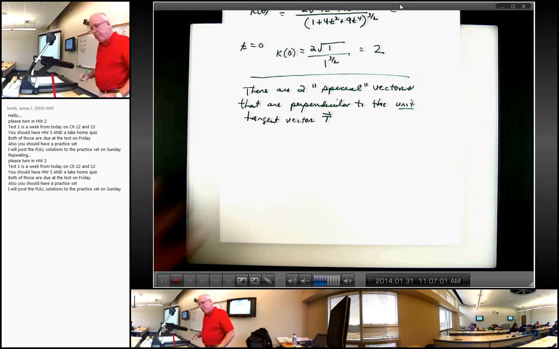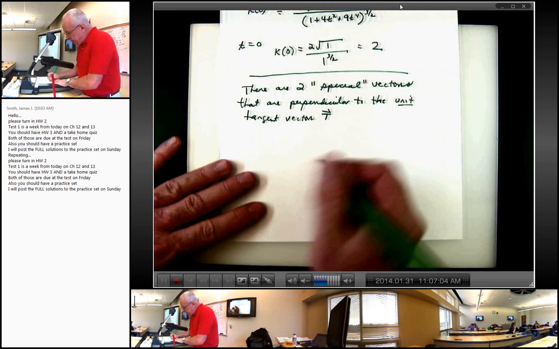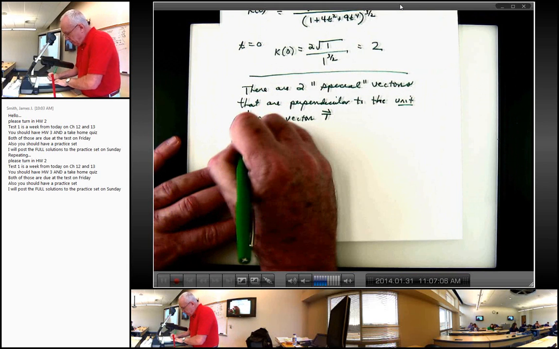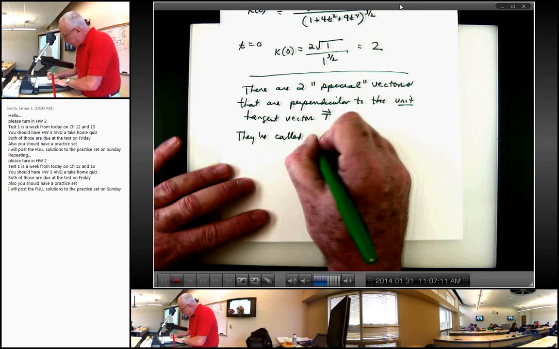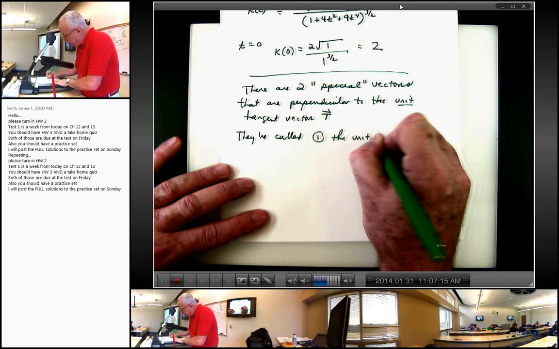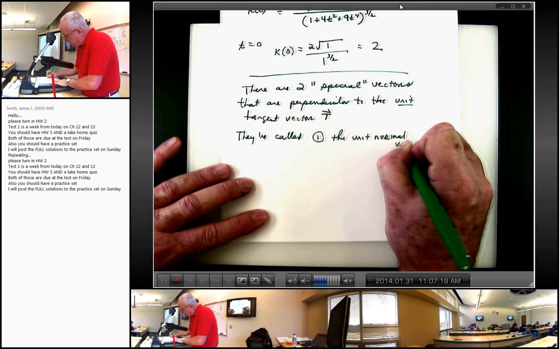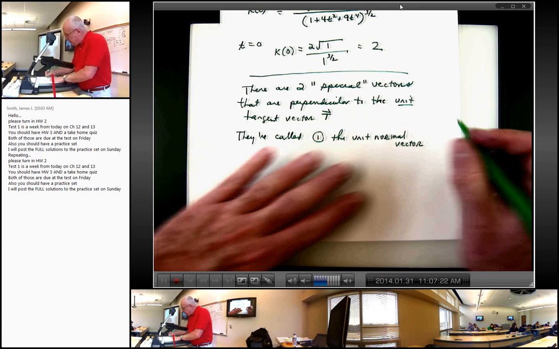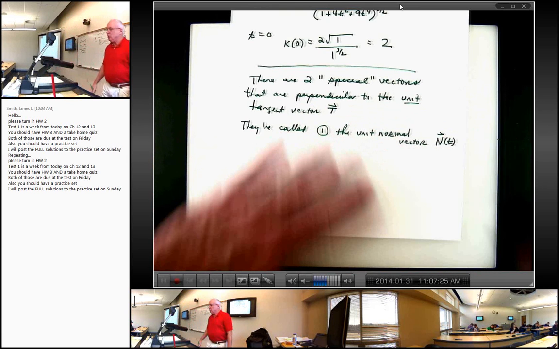All right. They have names. They're called one, the unit normal vector, and that is denoted with the letter N, capital N for normal vector.